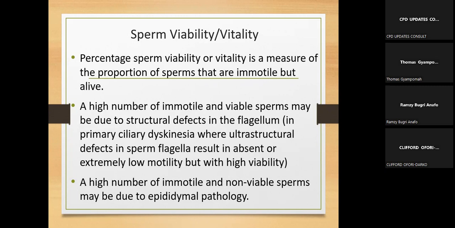This is where you have a condition called primary ciliary dyskinesia, which affects the ultrastructure of the flagella, and it's the flagella that propel the sperms. So if it has that kind of structural incapacitation, then they will be delivered as immotile sperms, even though they are not dead.